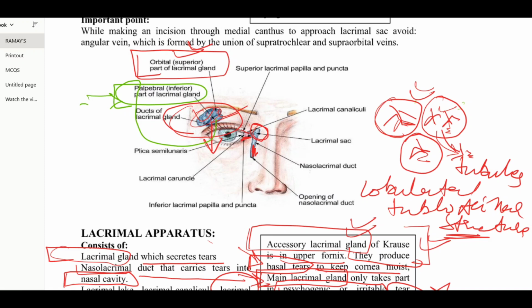This is the second part, and the upper one is the first part. These two parts are separated from each other by the tendon of the LPS muscle. So this is another MCQ, and this is also an MCQ: which part is the larger part? The superior, orbital part is the larger part of the lacrimal gland.